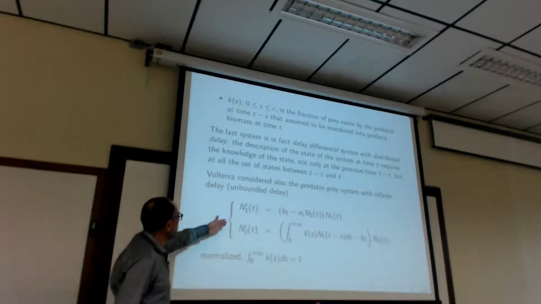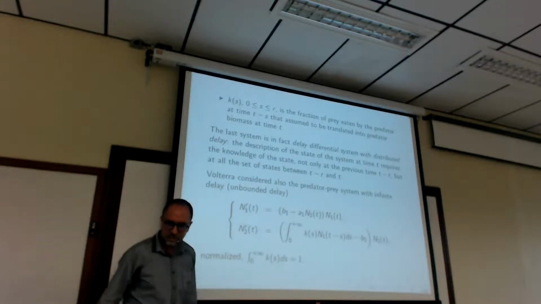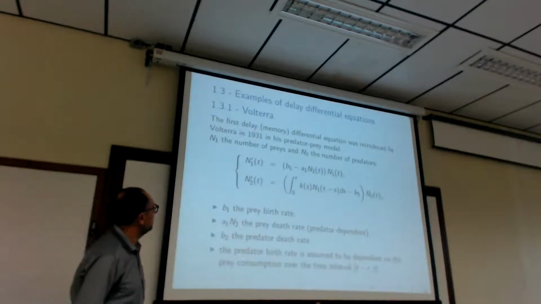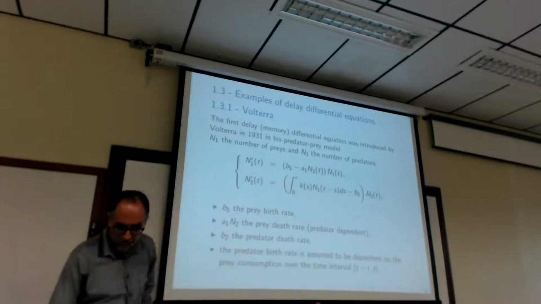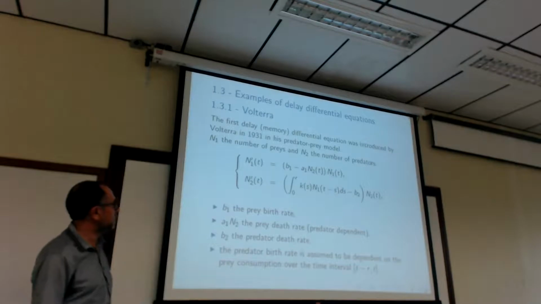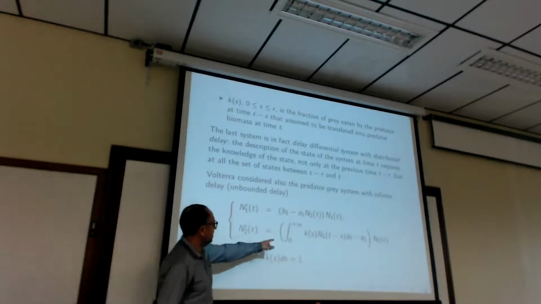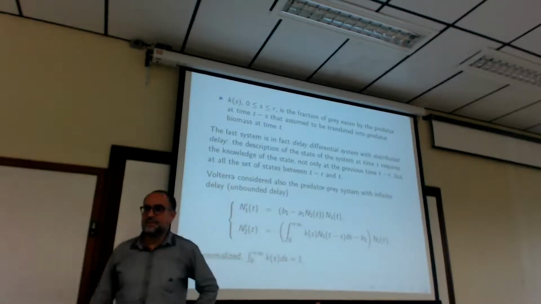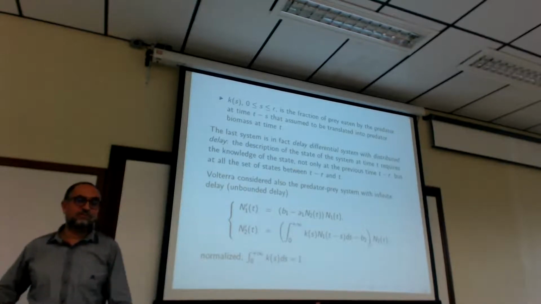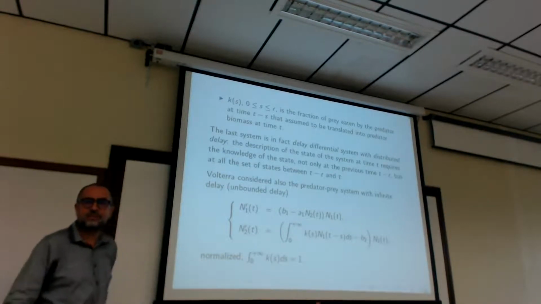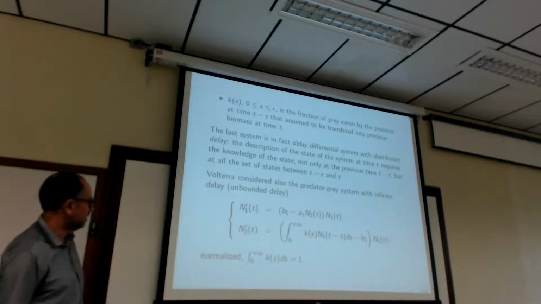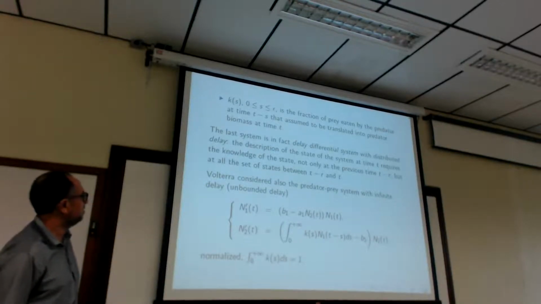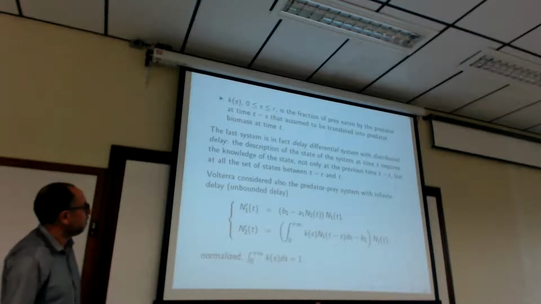Also, Volterra considered this system with distributed delay, but finite distributed delay. We can have bounded distributed delay. We can also have unbounded delay. That means you need to know the solution for all the past, from minus infinity until 0. And you have this kind of system.